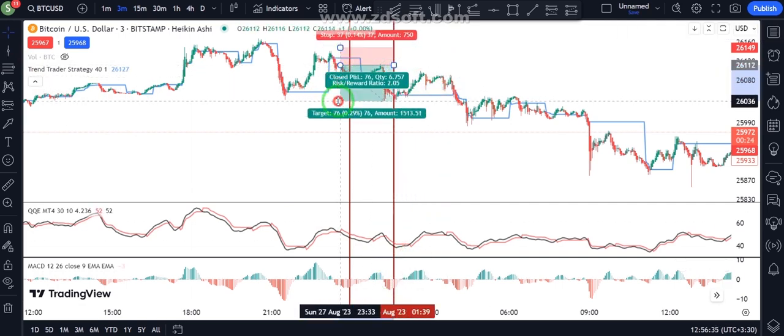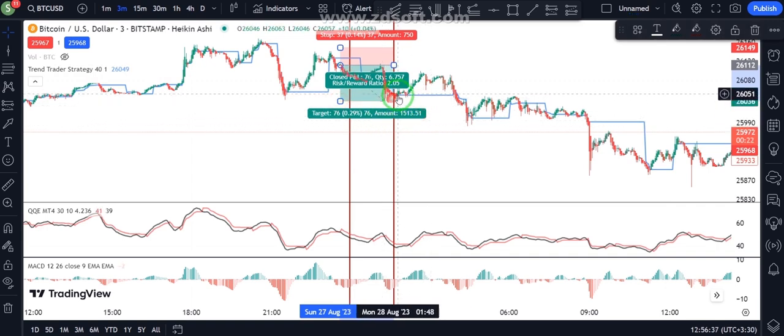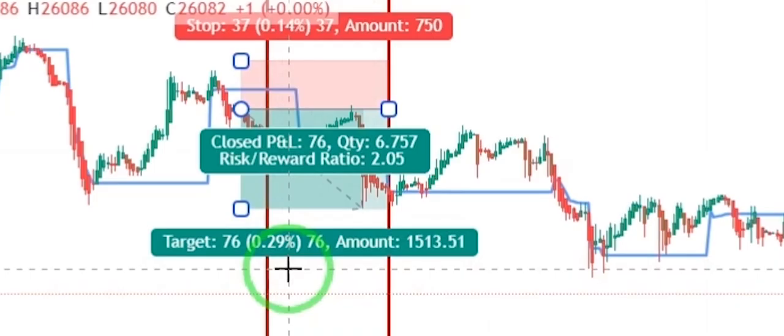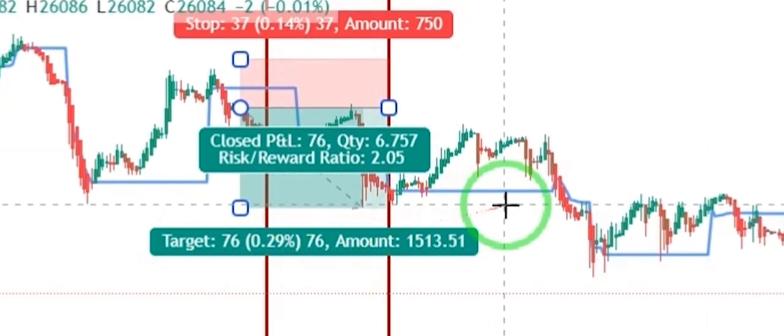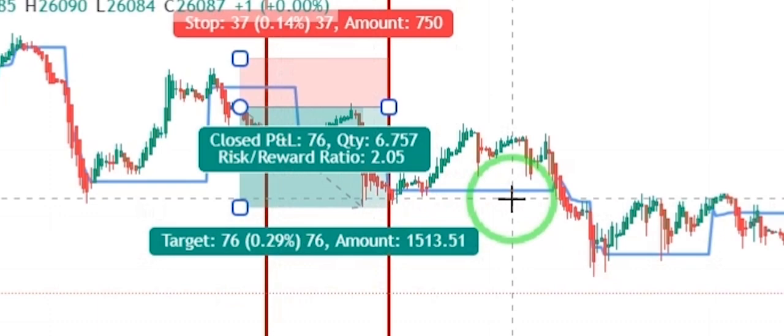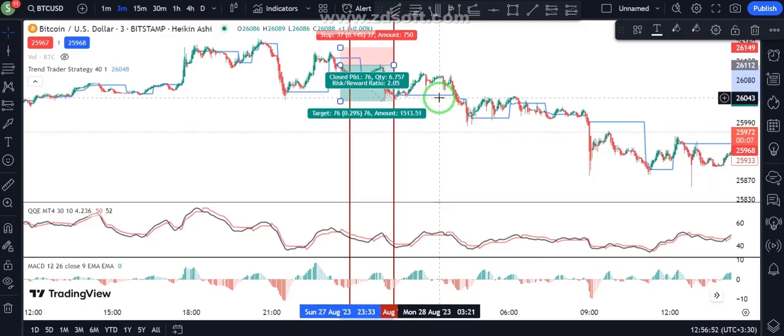When we close the position at target 2, we can make 0.29% profit. We can still stay in the trend to make more profit and find more targets with the MACD indicator.